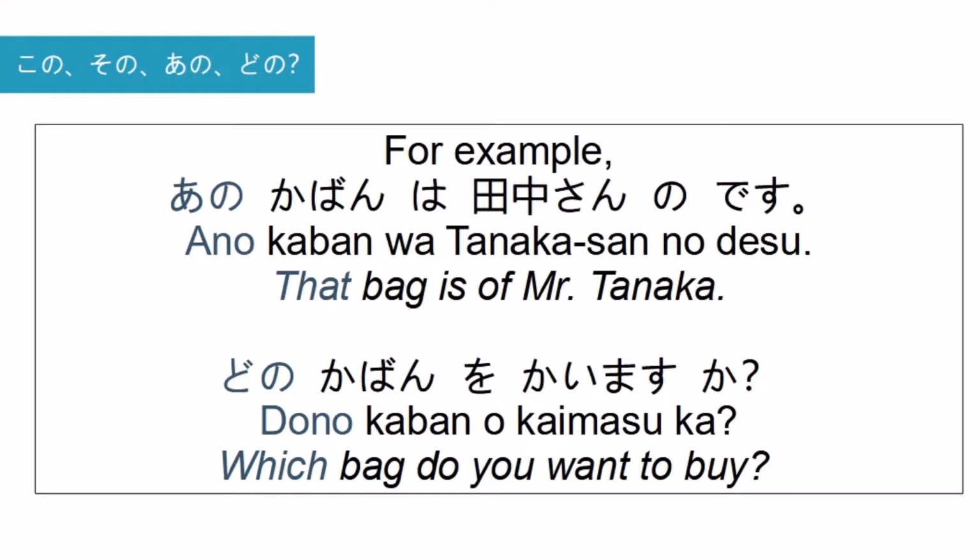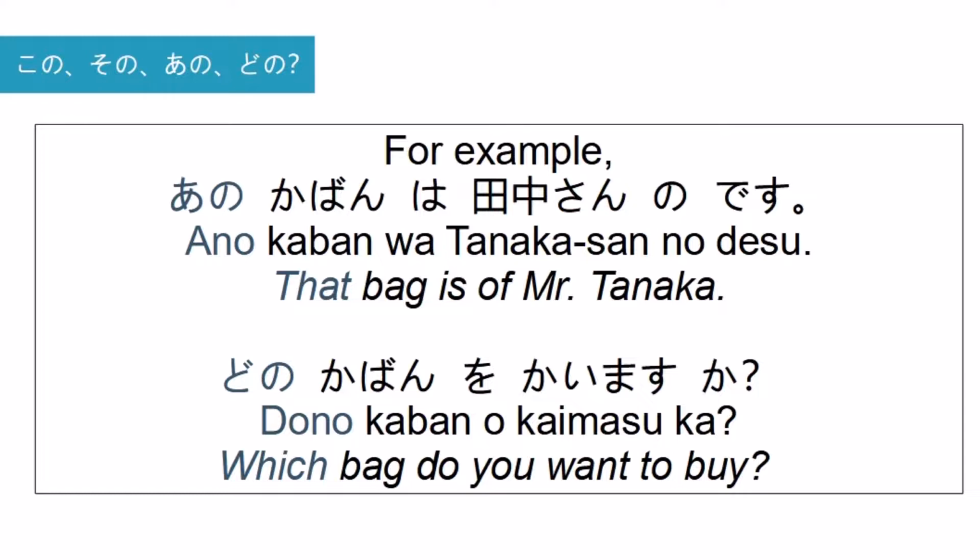Next we have the series kono, sono, ano, dono. The pattern is a little bit different, but meaning wise it's more or less the same. If we want to use ano, sono or kono, we would say ano kaban wa Tanaka-san no desu, or kono kaban wa Tanaka-san no desu.